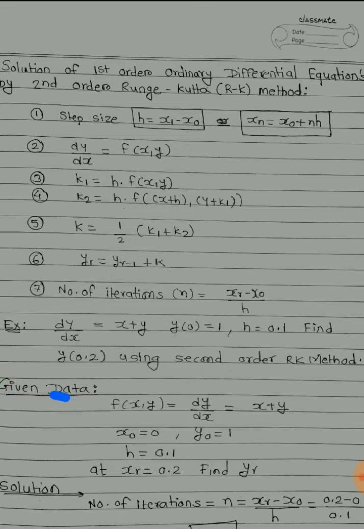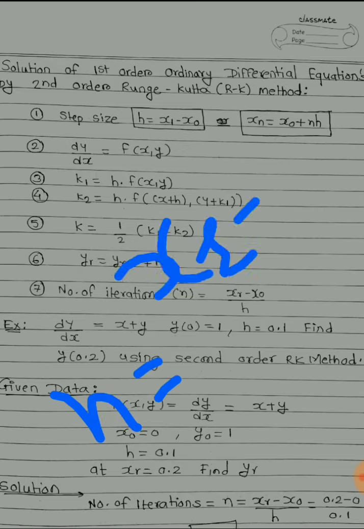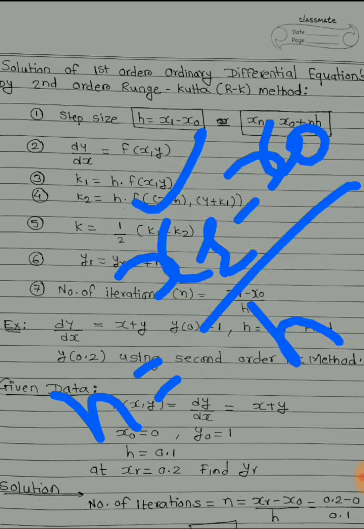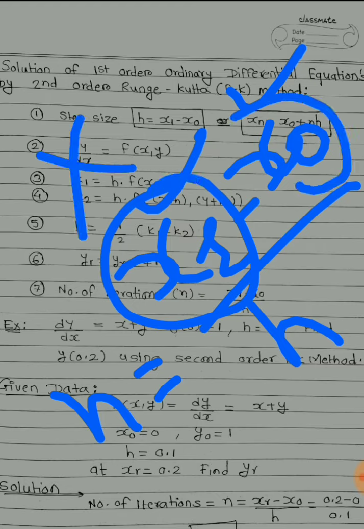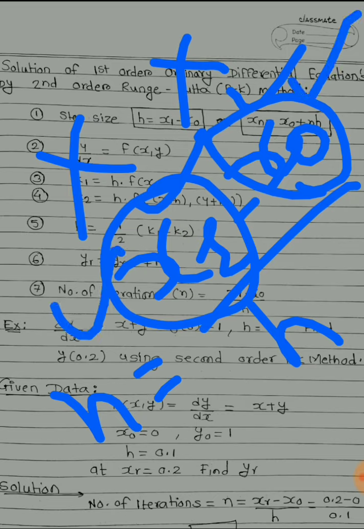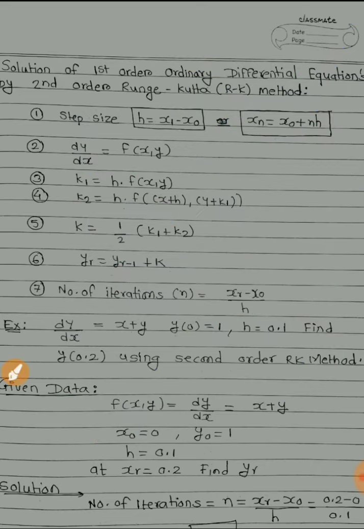Number of iterations is equals to n, which is equals to xr minus x0 upon h. xr is final value of x, x0 is initial or starting value of x, h is step size. So this is normal formula which you may find in the previous video, that is on Euler's modified method.